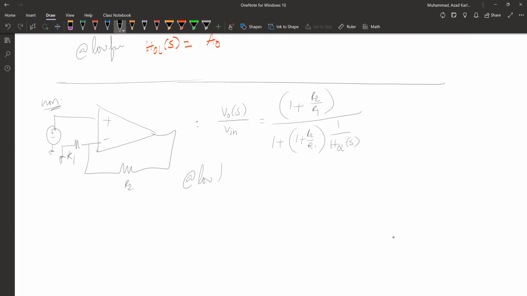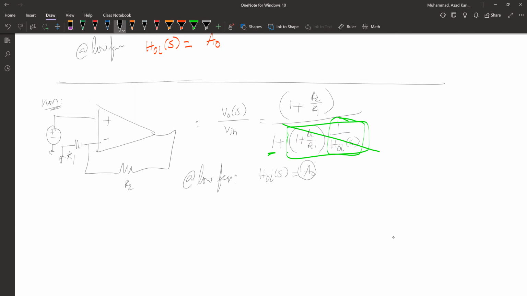At low frequencies, remember that H open loop of S behaves as a constant value A naught, which is very, very large. So 1 over H will be very, very small, and all of this will be very small when compared to 1. So we can just ignore it at low frequencies.